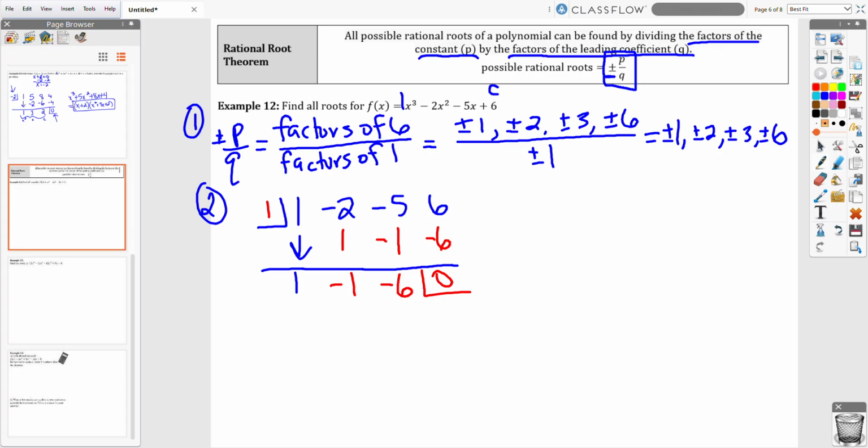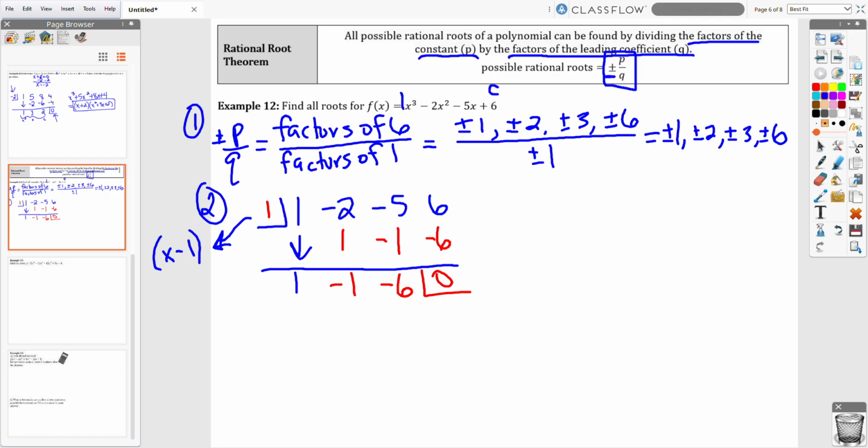So once you do find a possibility that works, you can rewrite the original polynomial in factored form like we did on the example. I think that was number 8 that we just did. So the original polynomial can be rewritten as the divisor times the quotient, okay? So remember, if we had a positive 1 here, then our divisor is opposite that. Remember, it's going to be x minus 1.